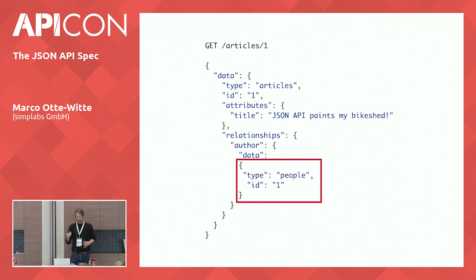Type and ID, by the way, are called an identifier object versus a resource object, which is the whole thing. Identifier object is just the combination of type and ID. So in this case here, the article has a relation to the author, and that's the author resource of type people with ID 1, so you could make a request and get that.